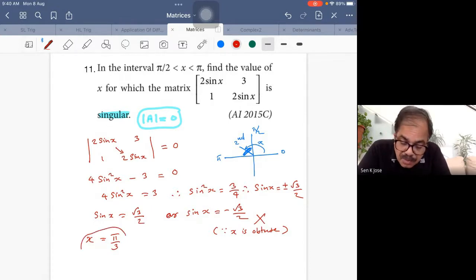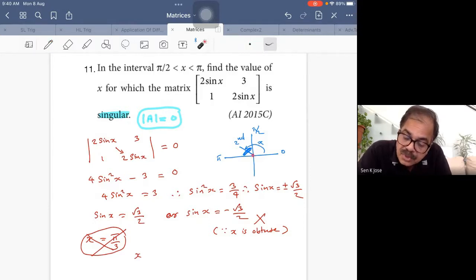So we want to make this angle lie in the second quadrant. How do I bring pi by 3, which is in the first quadrant, into the second quadrant? If this is pi by 3, this is also pi by 3, so I should go that much back from pi.